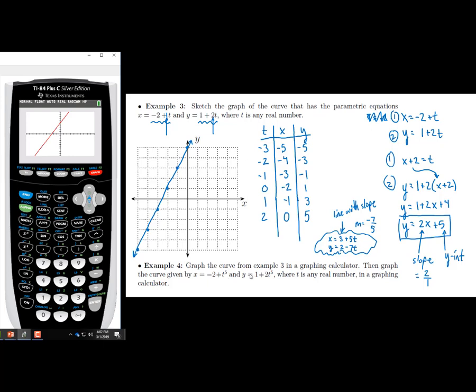So for example, when t was equal to 2, I was at the point 0, 5 in the original. So I was right there at that point.